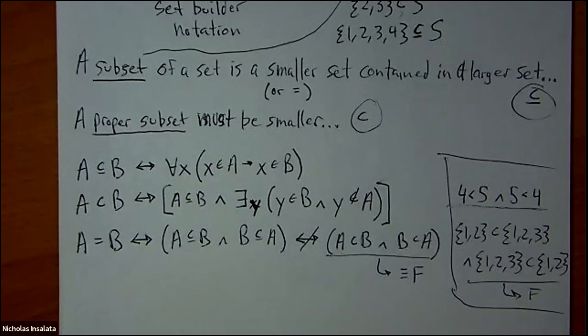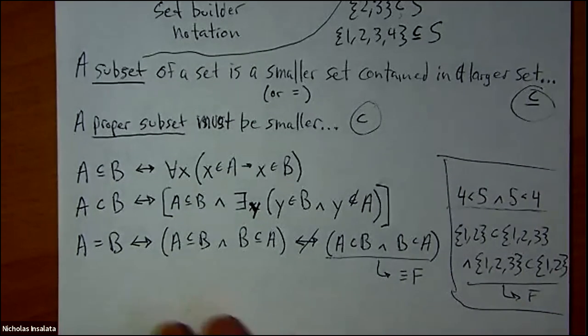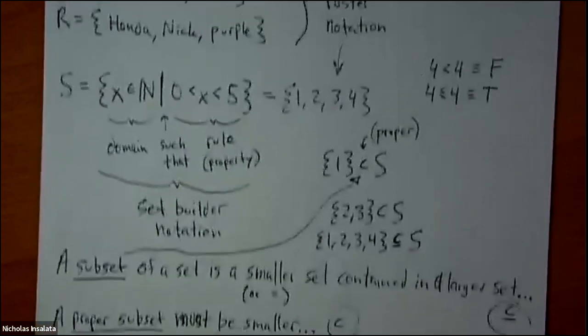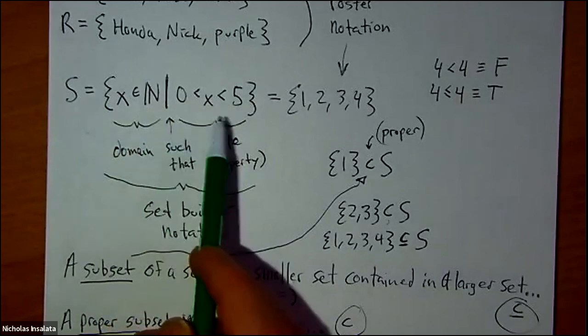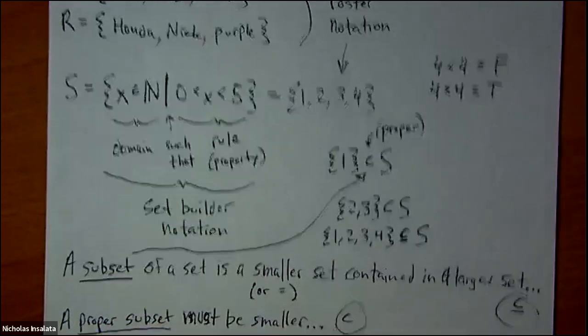Okay, cool. So let's talk about proving a subset relation. For example, let's go back up to our set S up here, the set of x in the naturals such that x is between 0 and 5, right?